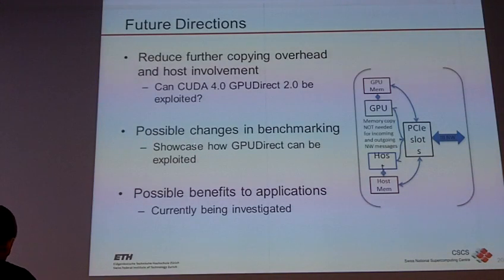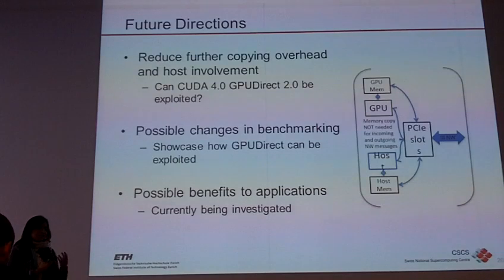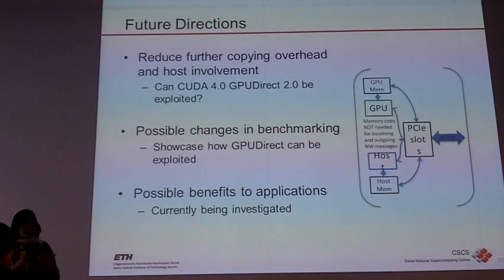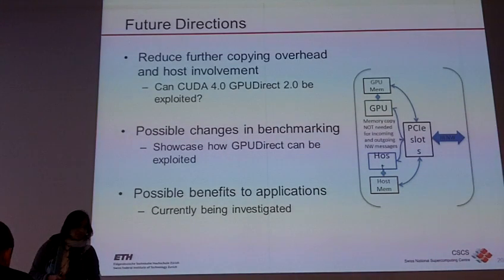I think most important for me, and this is the work we are doing, is we need to rewrite some micro benchmarks to show application people how they can, in some cases, overlap computation and communication to exploit the existing features of GPUDirect. Because if the benefit is 30% and it's in a very limited case, it's very difficult to make a case for applications to be changed in a significant way.